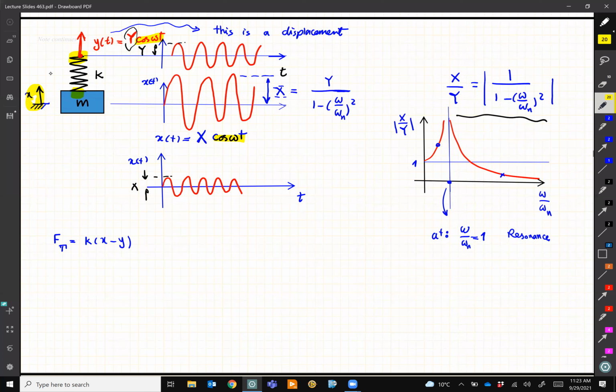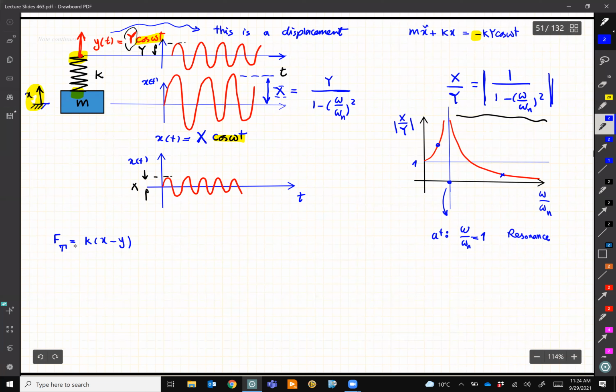The only thing is you will end up with equations that have a negative sign, like m x double dot plus kx equal to minus k y cosine omega t. That's going to be the equation. Doesn't matter, because when you put everything inside this absolute value, you get rid of that.